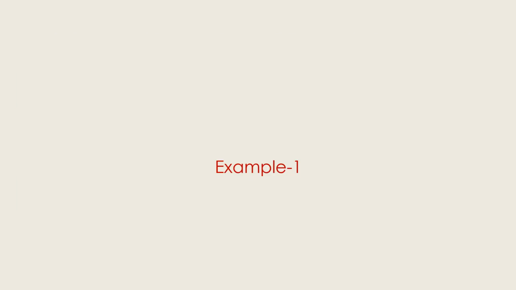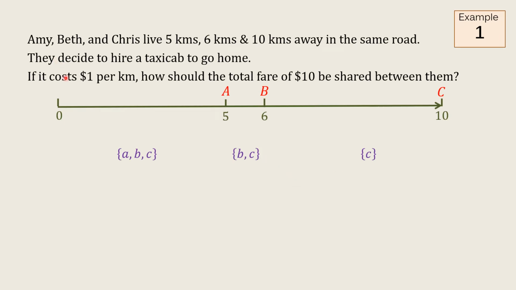Here's the first example. We have three agents, and we'll call them a, b, and c. These are three people.